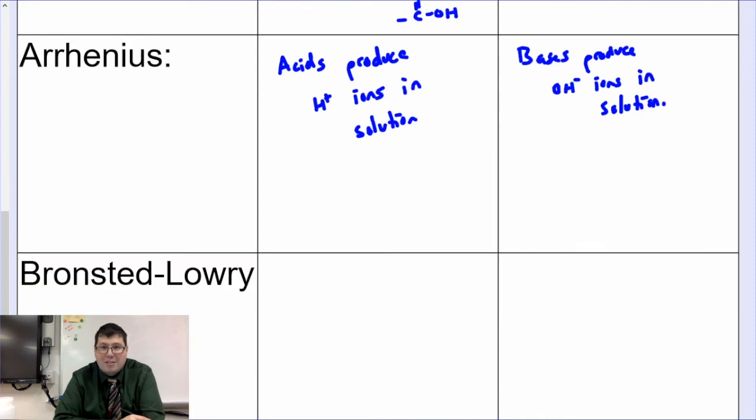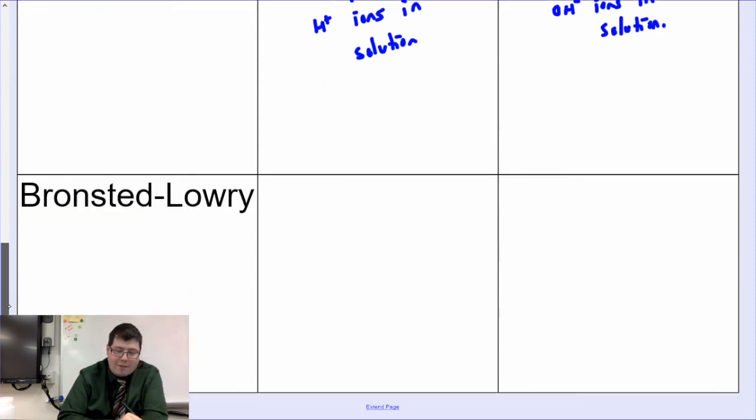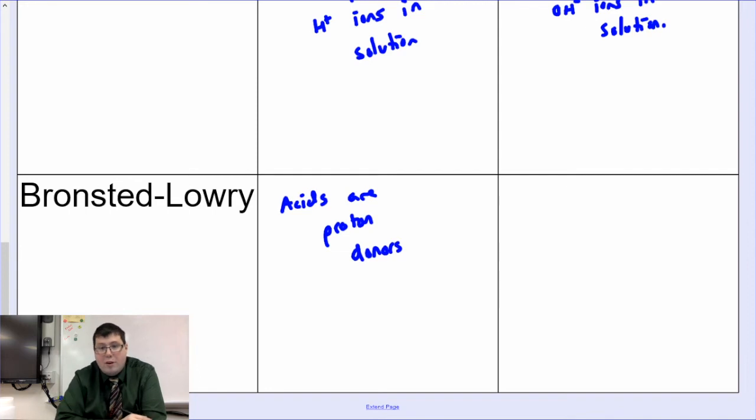Now let's take a look at the Bronsted-Lowry definition. So the Bronsted-Lowry definition for us, fortunately for acids, is nearly the same thing. Bronsted-Lowry said that acids are proton donors. We can see how this is extremely similar to what we've seen before.